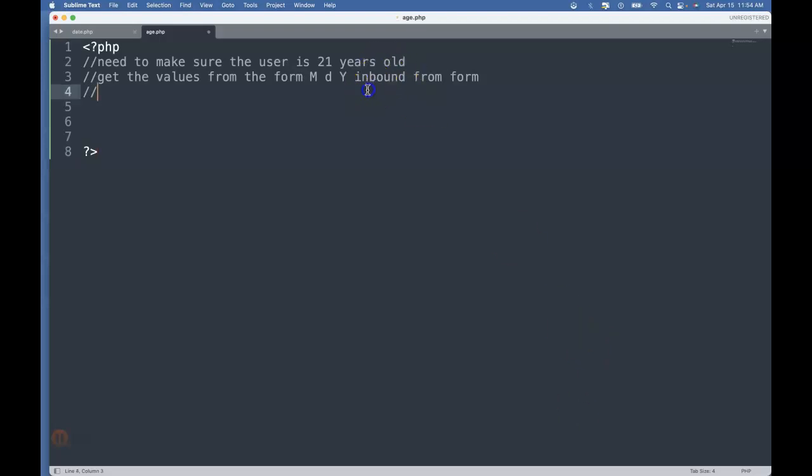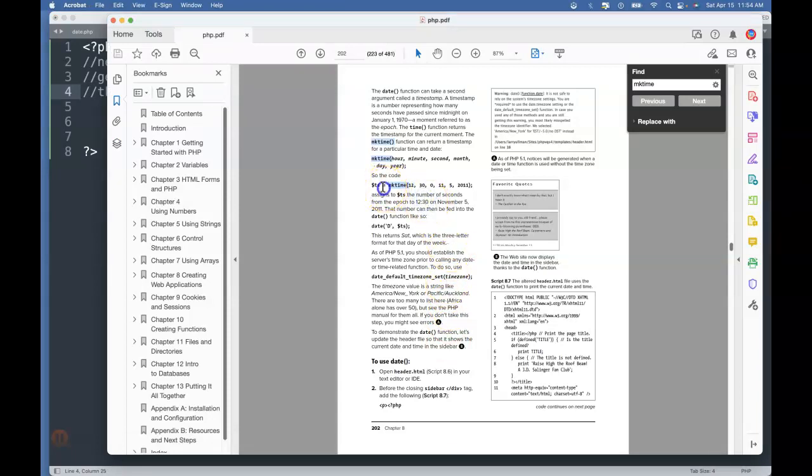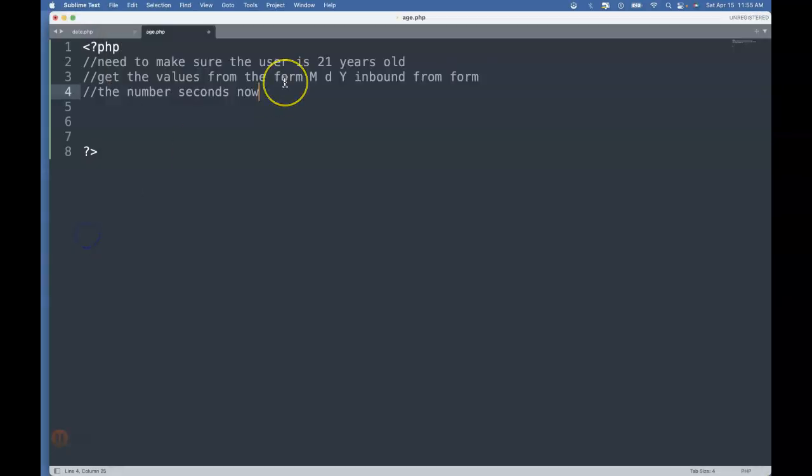So we need to get the number of seconds now. If you remember, mktime represents the Unix epoch, which is January 1st, 1970. When we do mktime, this is from the text, you can do 0, 0, 0, 0, 0 all the way through, and you would get your time.